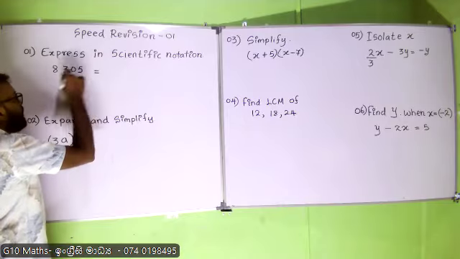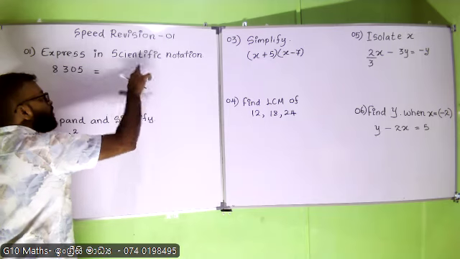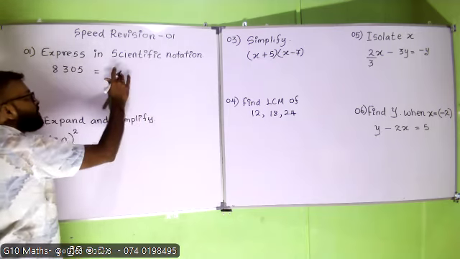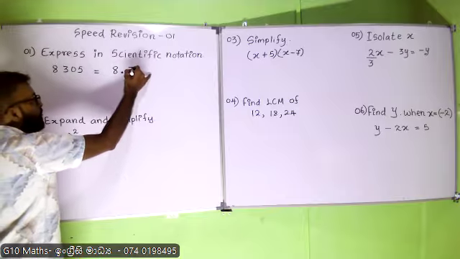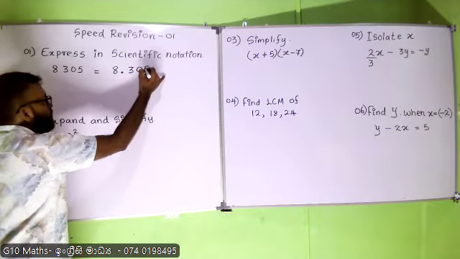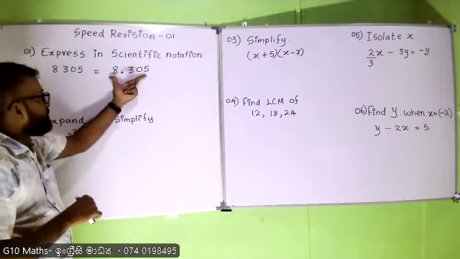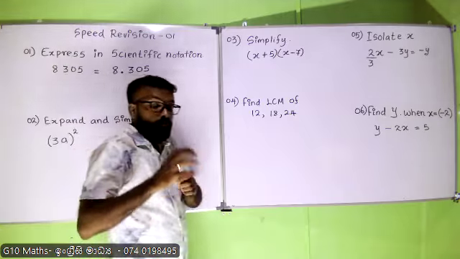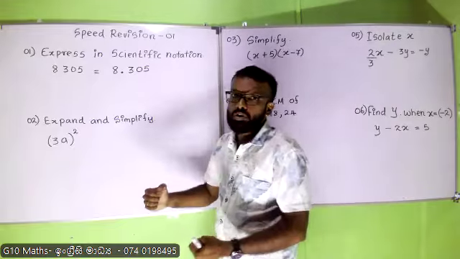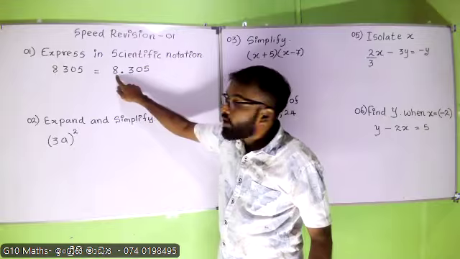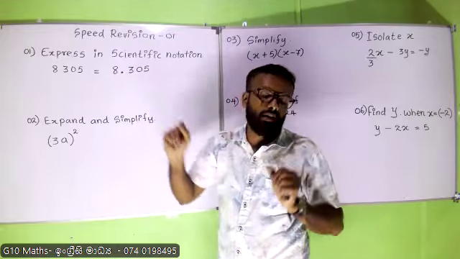When we have 8,305, if you are going to write this in scientific notation, you write 8.305. Why is this? Because when you are representing a number using scientific notation, the ones place needs to have a number between 0 and 10.